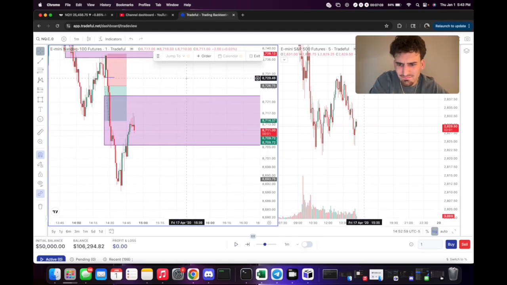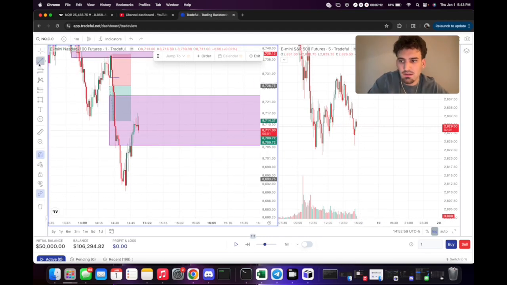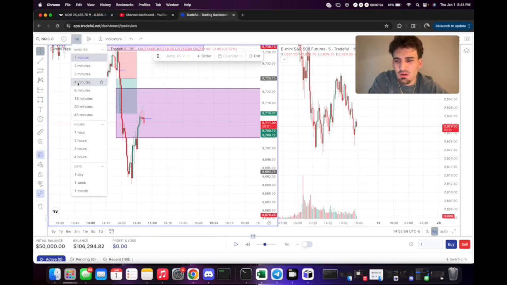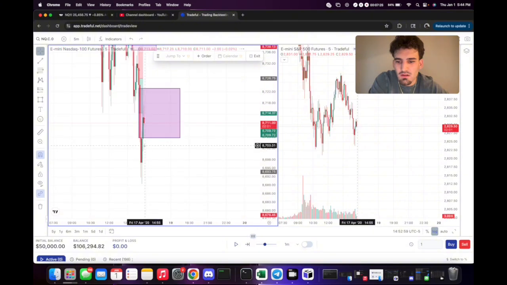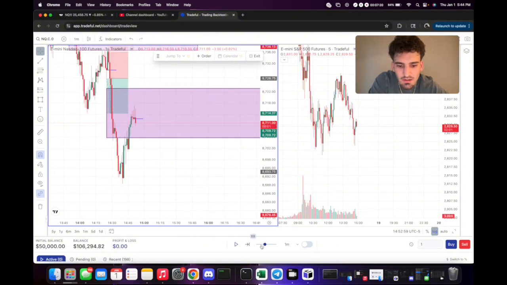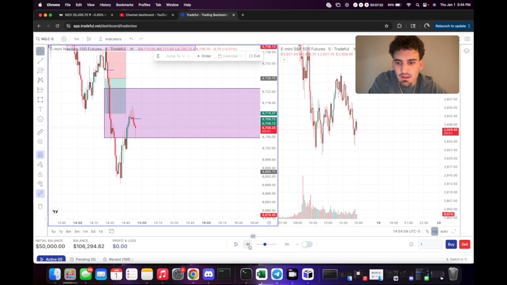So here it does look like a CISD had formed right here, but it kind of looks a little bit wonky as of right now. So I would wait for another candle.